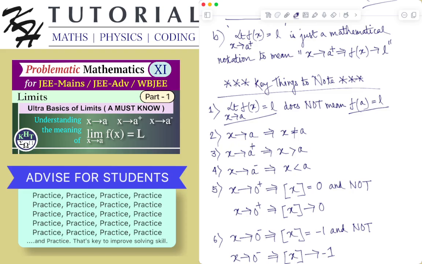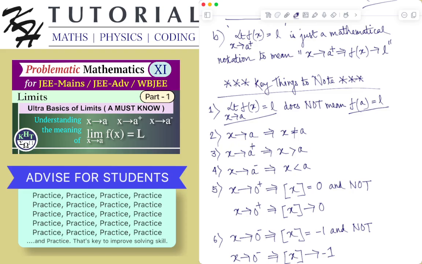It will be improper to say that [x] tends to 0 when x is tending to 0 positive, because if you take any value of x which is a little more than 0, [x] is obviously exactly equal to 0. So when x tends to 0 positive, then [x] is equal to 0.